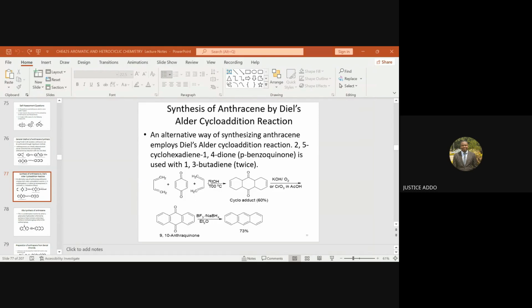Or I'll be bringing the reagent and you'll be producing the intermediate products to the final one. Or you can be asked, pick any method. The first one I've shown you, this is a second method of preparing anthracene. So the one that you are comfortable with, you can then use. Okay.